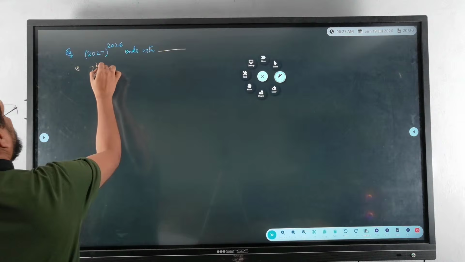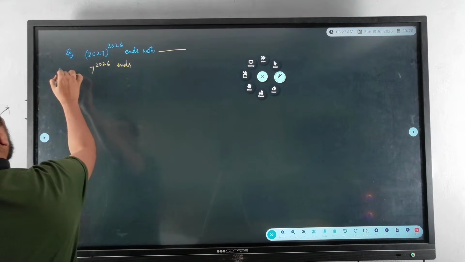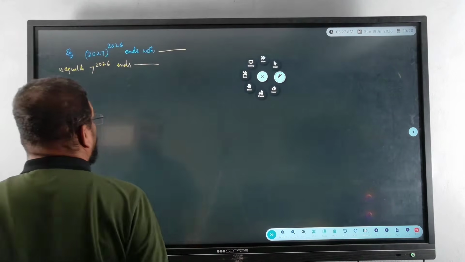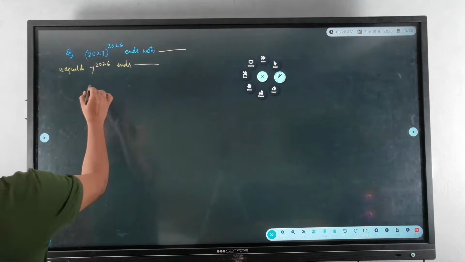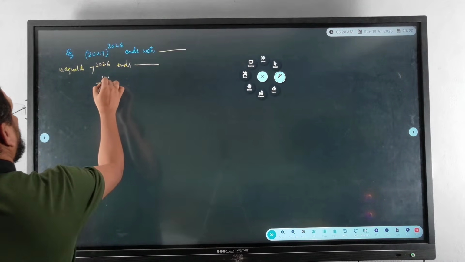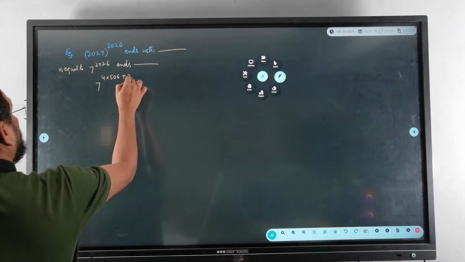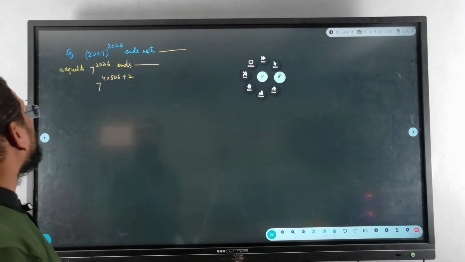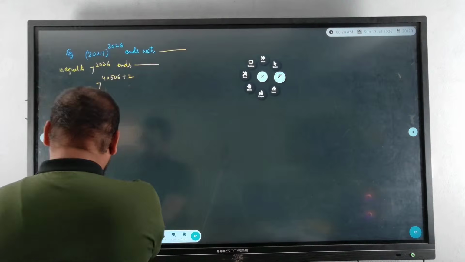7 power 2026. So when 2026 is divided by 4, 4 fives are 20, 4 sixes are 24, so remainder 2.